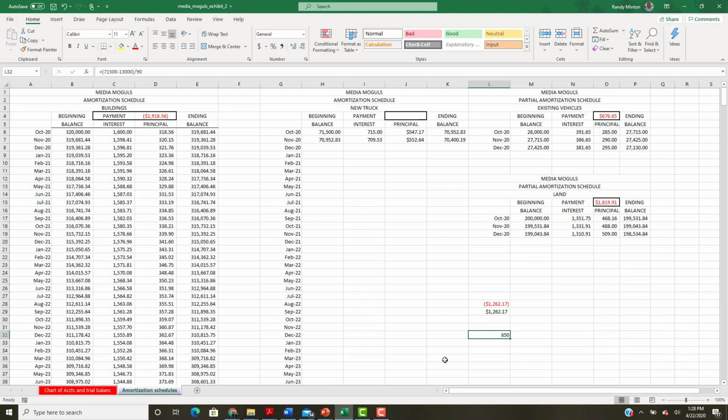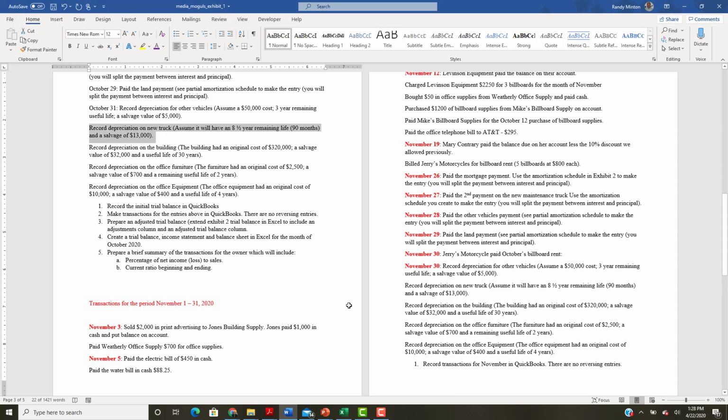Make sure that you treat the accumulated depreciation on all of those fixed assets, except for land, of course, as a sub-account, and that should take care of it for you. Okay, so that's kind of where those things all end up, and it should be fairly straightforward.